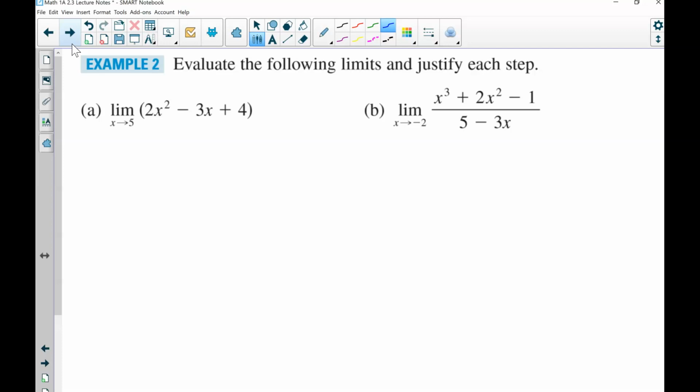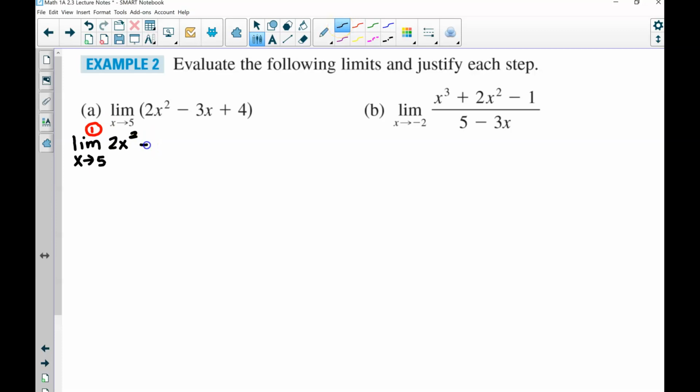So on the first one, we can see that this becomes the limit as x approaches 5 of 2x squared. So this represents the first rule.